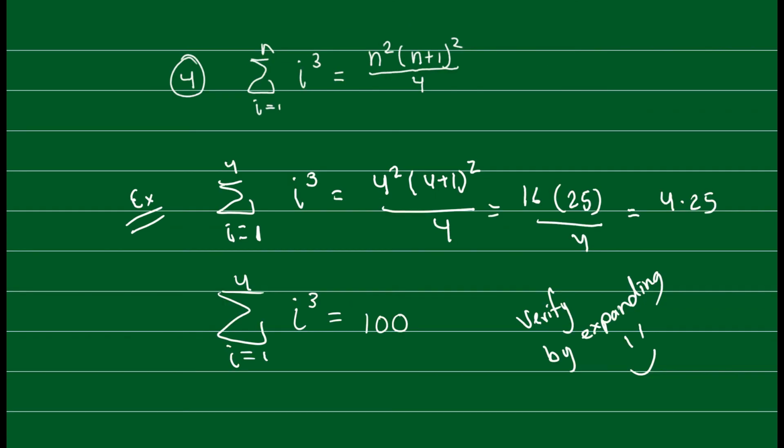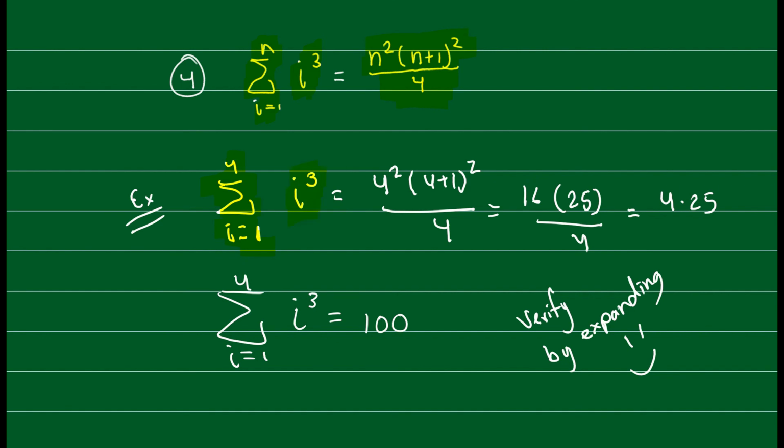All right, this is the last formula for sums. Formula number 4 says that the summation of all the cubes is equal to this formula right here in terms of n. An example will be, what is the summation from i equals 1 to 4 of i cubed?